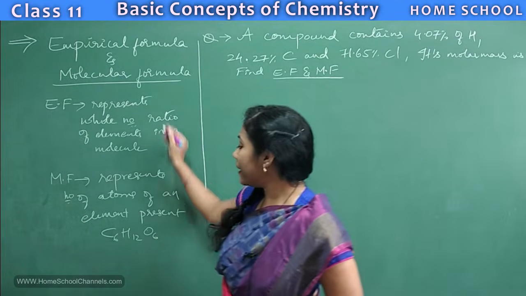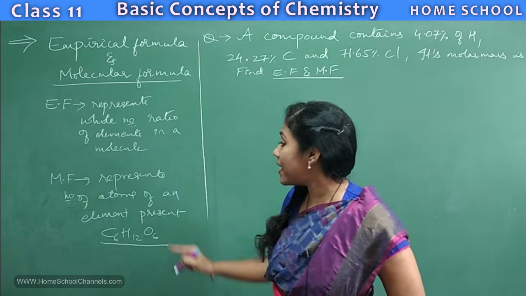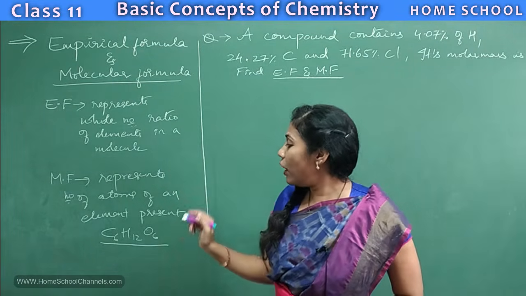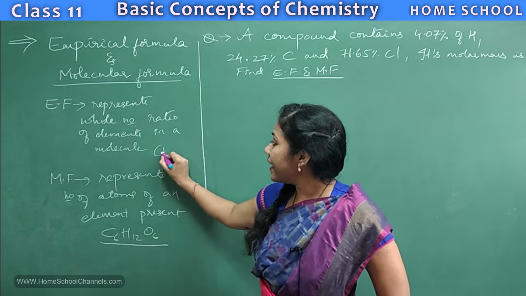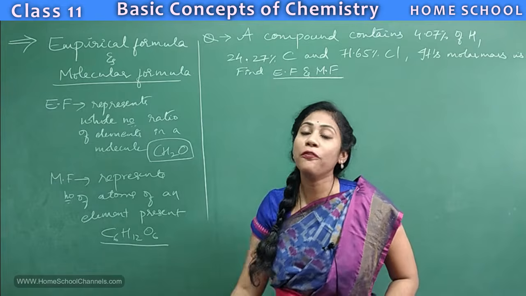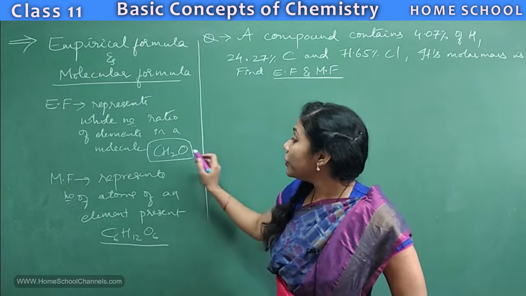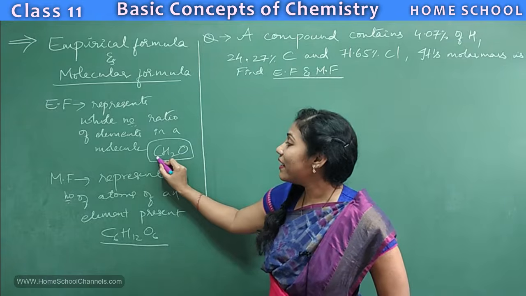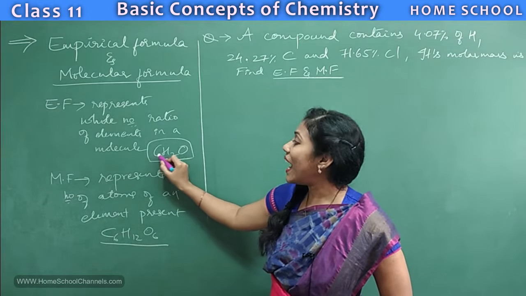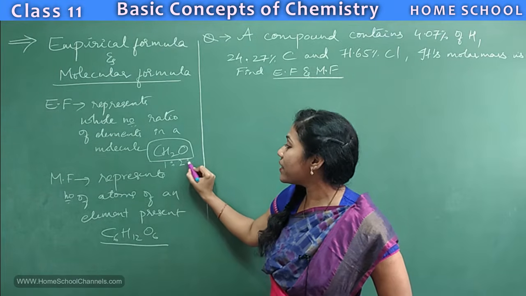But our empirical formula: glucose molecular formula is C6H12O6, but the empirical formula of glucose is CH2O. Okay, so this is the empirical formula of glucose. So what can you understand from the empirical formula? You can understand that the ratio of carbon, hydrogen and oxygen is 1:2:1.